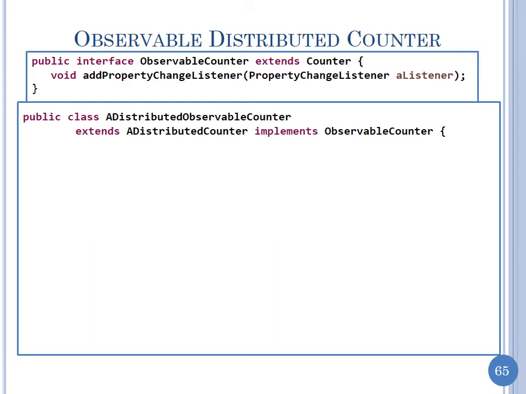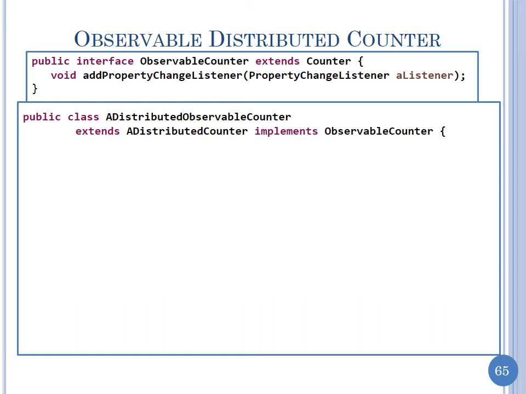I had the counter interface that I showed you earlier. I'm going to create an observable counter interface that has the add property change listener method in it, which takes as an argument a property change listener, and this is the observer interface. This is something you have dealt with in assignment 1. So I'm going to have a distributed observable counter that extends my original distributed counter.